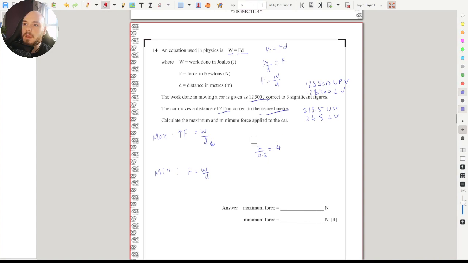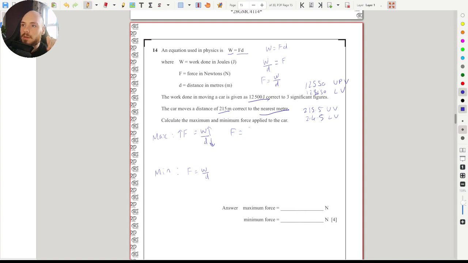All right. And then work done's just on the top, so we just want it to be as big as possible, so we'll take the biggest value. So our force is equal to the greatest value of work done, which would be our upper value, which is, I have slightly butchered this, I've added an extra 0, excusez-moi.